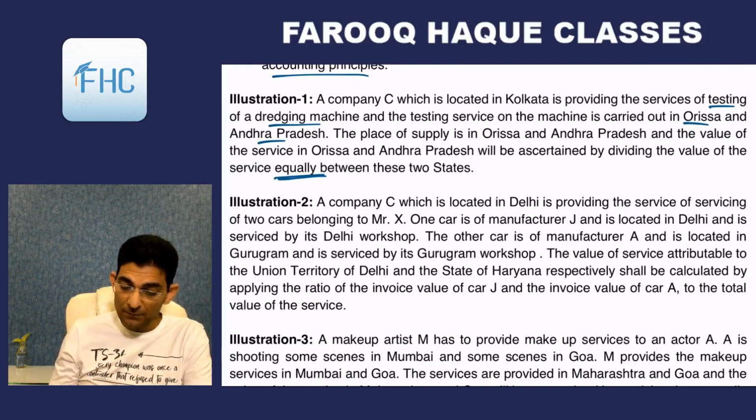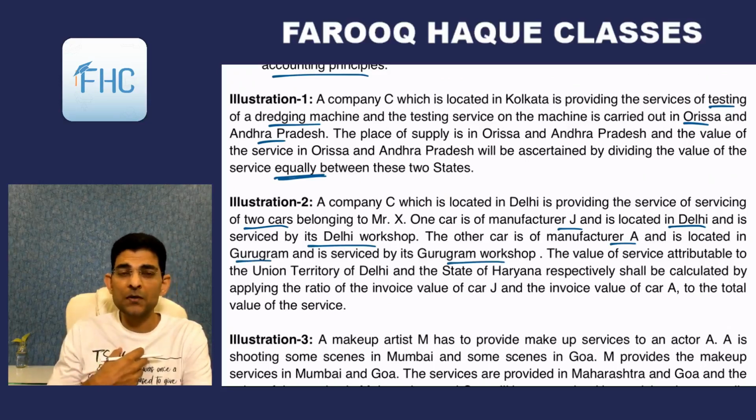Secondly, a company C, which is located in Delhi, is providing service of servicing two cars belonging to X. One car is of manufacturer J, located in Delhi, and is serviced by its Delhi workshop, and the other car of manufacturer A is located in Gurugram and is serviced by its Gurugram workshop.